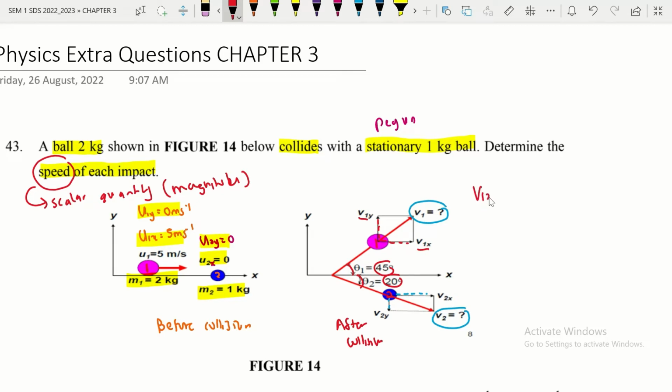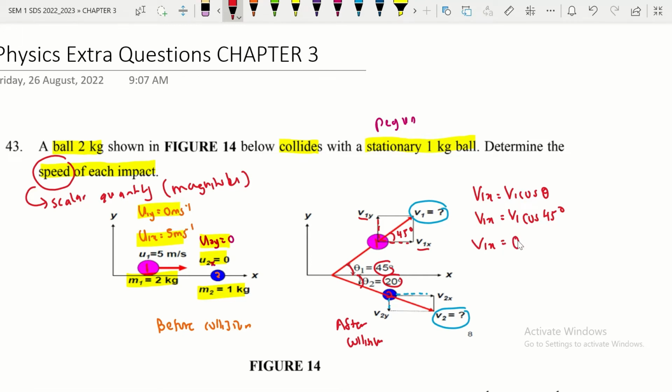So, V1x kita akan jadi V1 cos theta and kita substitute all the information that you have. V1 tak ada, biarkan, tetapi you all ada angle dia. Angle dia adalah 45 degree. So, therefore you akan dapat V1x is V1 cos 45 degree.